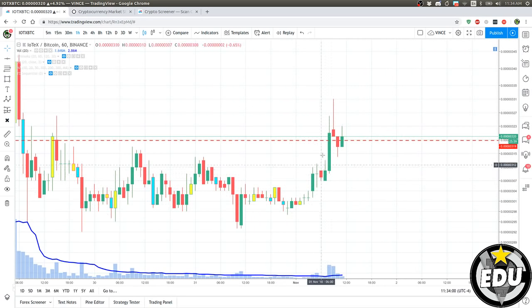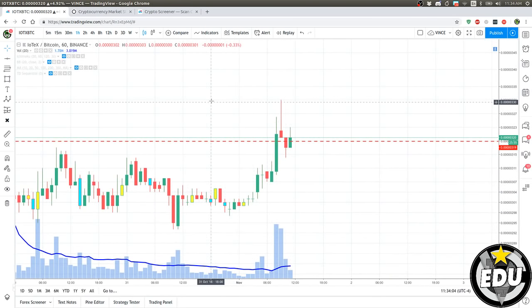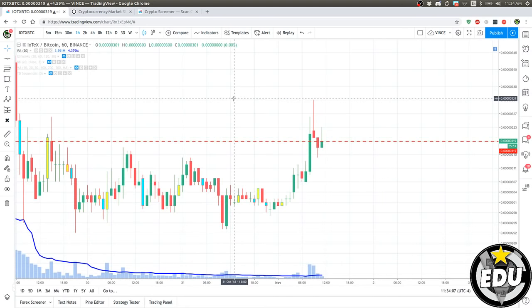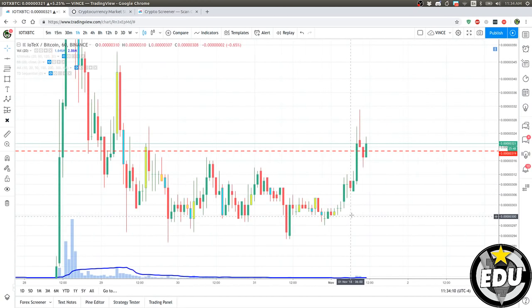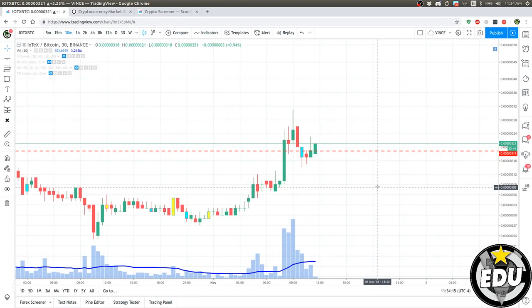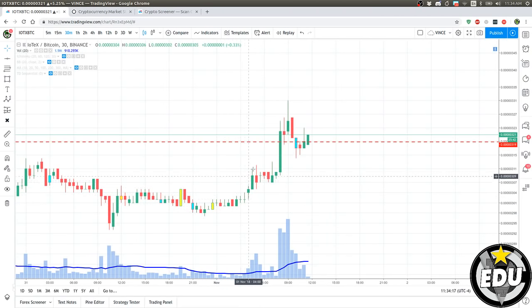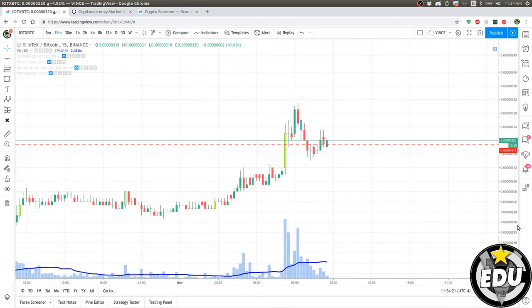And we start to see some waves here, which are very important, because we can use Elliott wave and Fibonacci too in order to see another possible leg up here. So on the 30 minutes we start to see some little waves. On the 50 minutes, we start to get more.